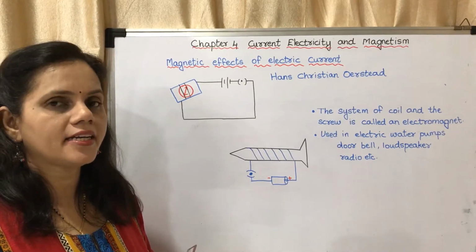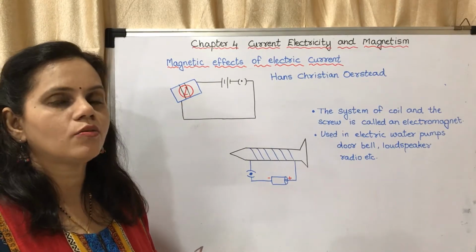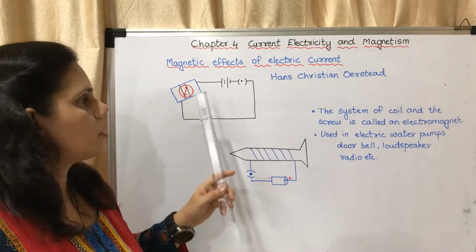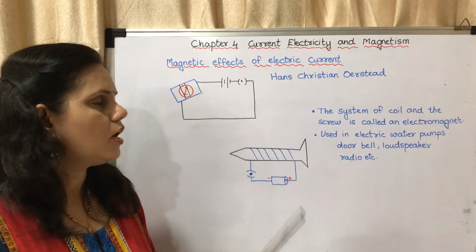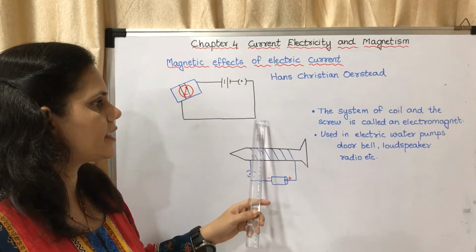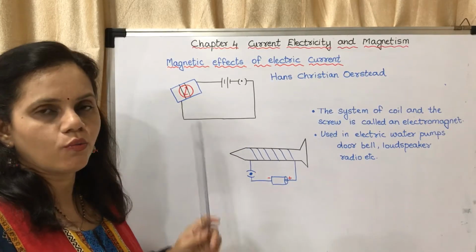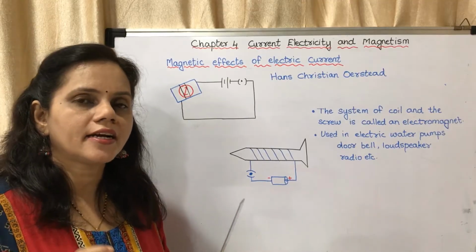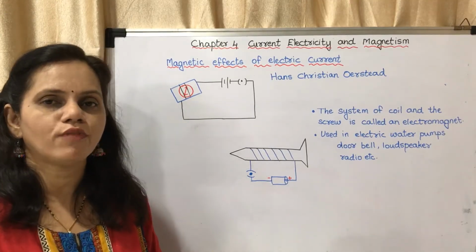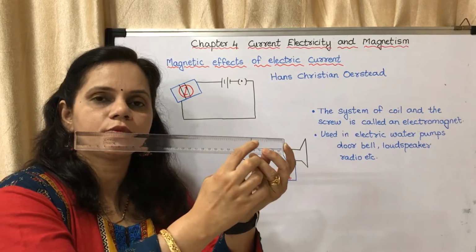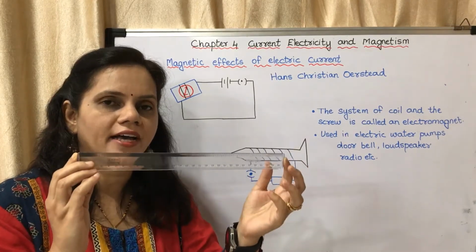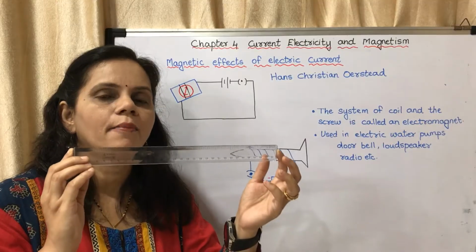Okay, there is a magnetic effect for electric current. Now what do you mean by that? Basically, first of all, I will tell you what do you mean by magnetic effect. When the electrons are passing through the wire, that means when the current is passing through the wire, for example this is the wire, if the current is passing through it, this wire can act as a magnet.